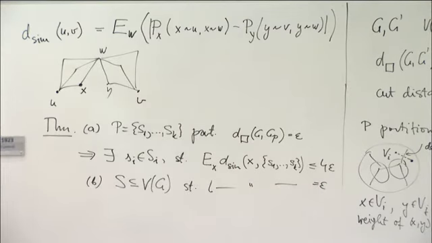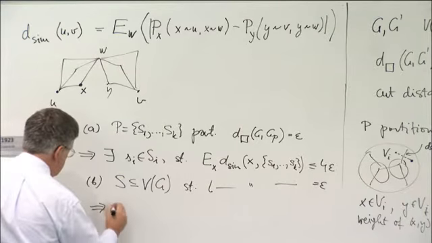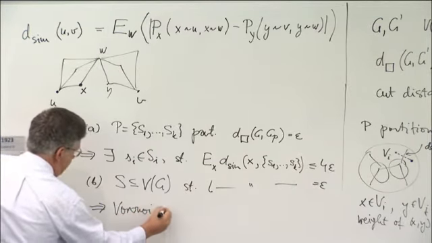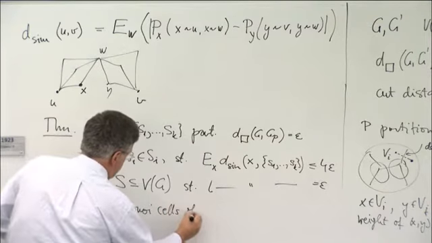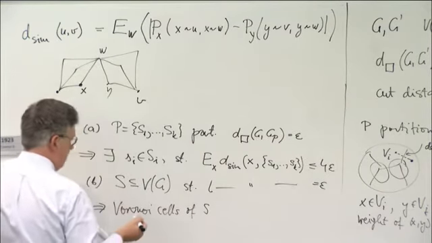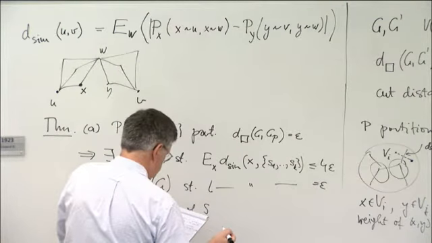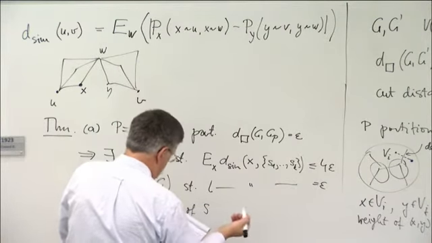Suppose this same expectation is epsilon, then it means that the Voronoi cells of S form a partition.